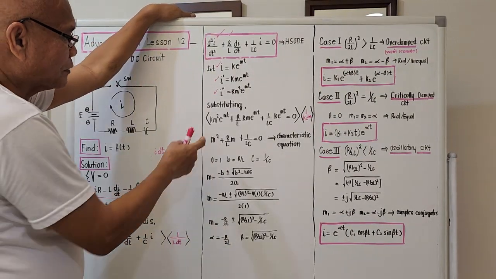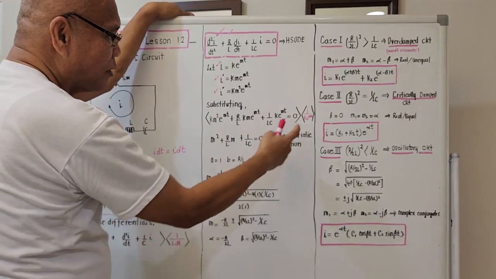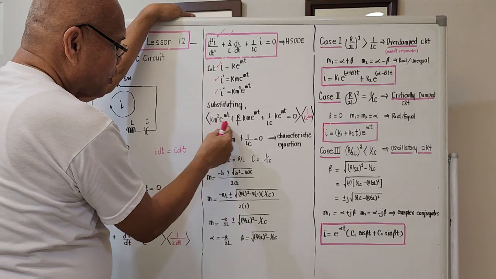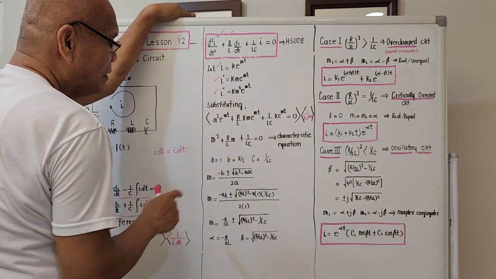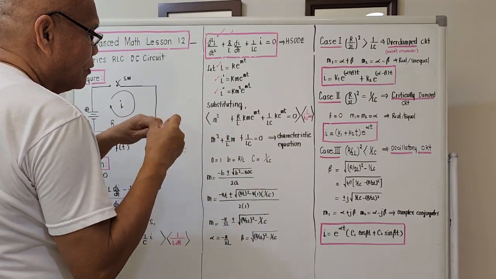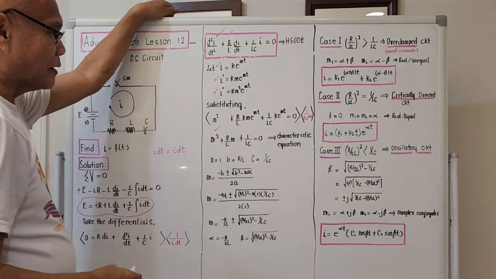There is a common factor k e raised to mt, so we will multiply all the terms by 1 over k e raised to mt. So the first one multiplied by this, the k will disappear, e raised to mt will disappear. What comes out for the first term after the multiplication will just be simply m squared.